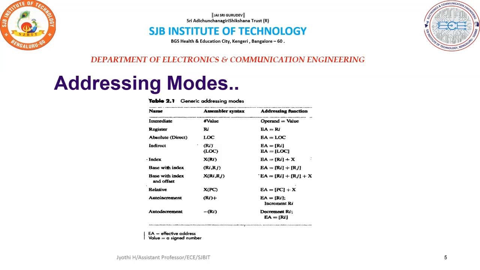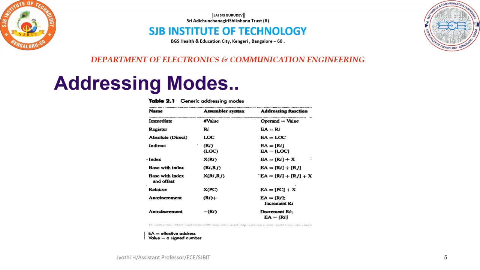Next is relative addressing: X of PC is PC plus X. Auto increment is R plus, auto decrement is R minus. So these are the addressing modes: immediate, register, absolute, indirect, index, base with index, base with index and offset, relative, and auto increment and auto decrement addressing.